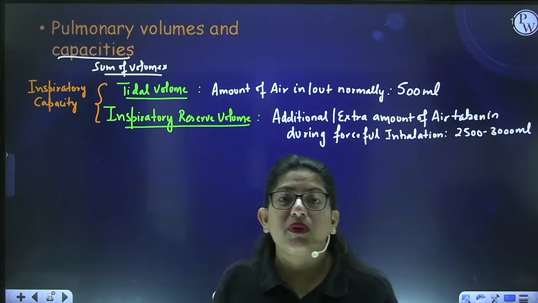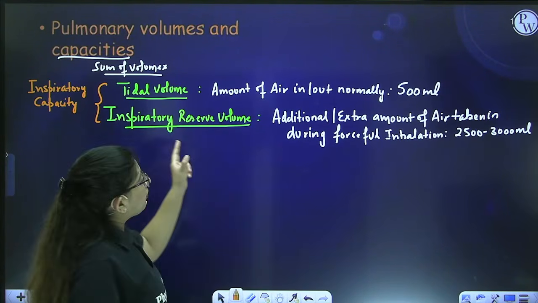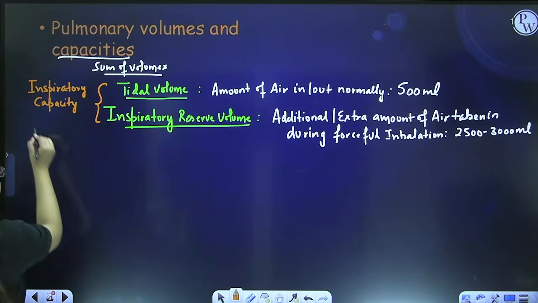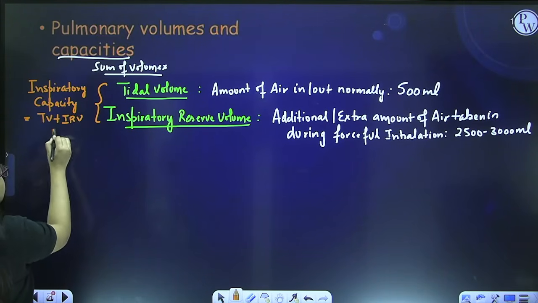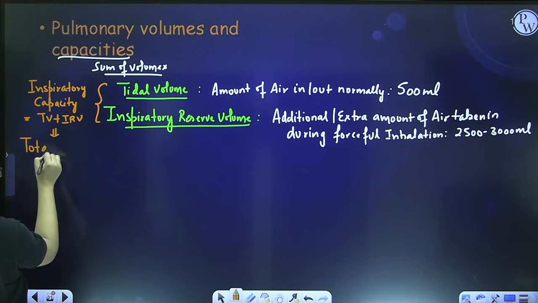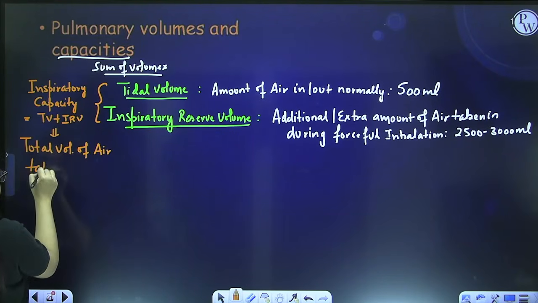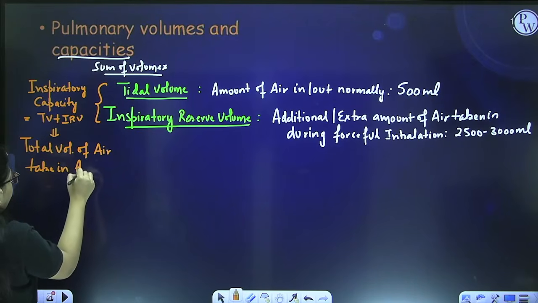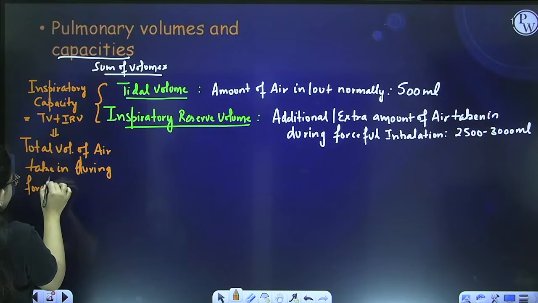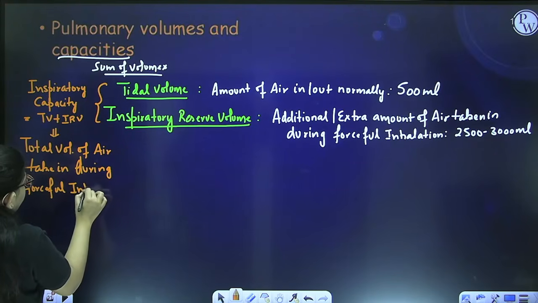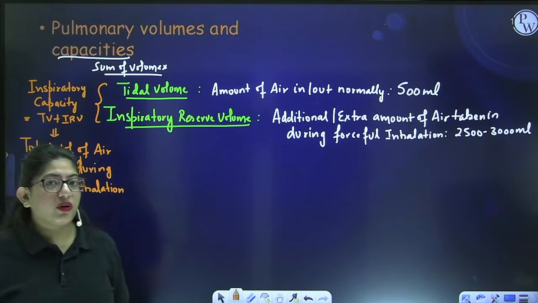The extra or additional amount of air taken in during forceful inhalation is IRV, inspiratory reserve volume. And what is IC? IC, inspiratory capacity, is tidal volume plus IRV. What does it say? Total volume of air taken in during forceful inhalation.